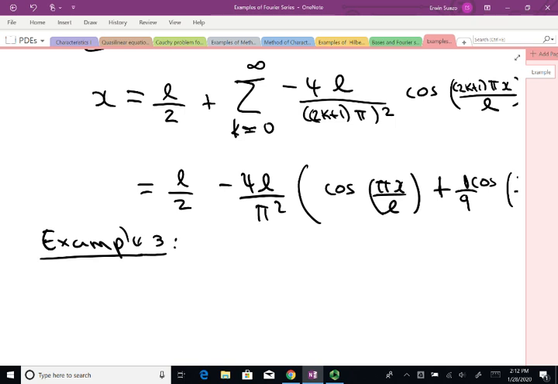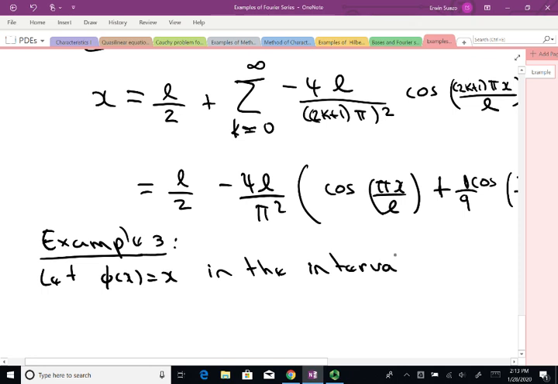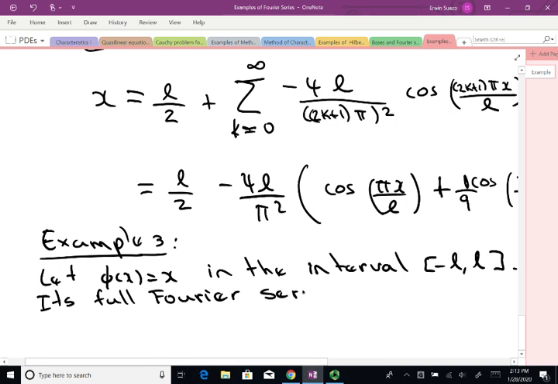So let phi of x equals x in the interval minus L to L. The full Fourier series is the following.